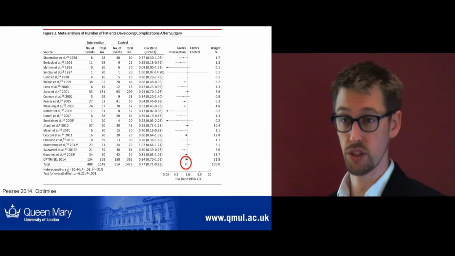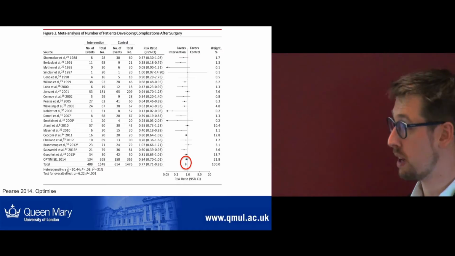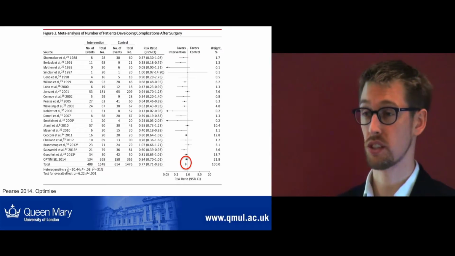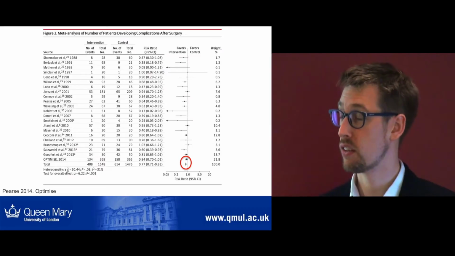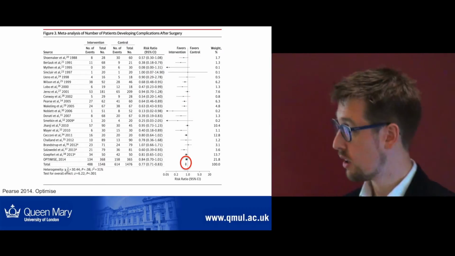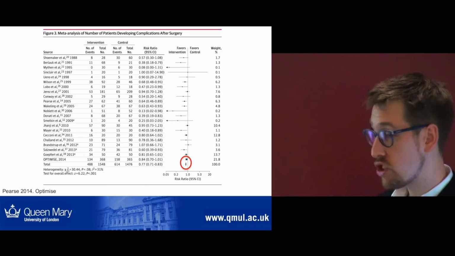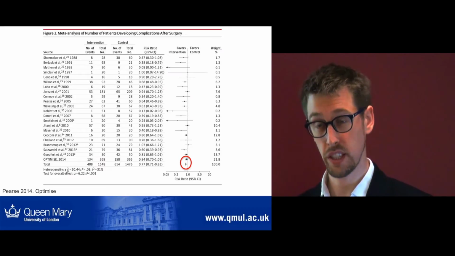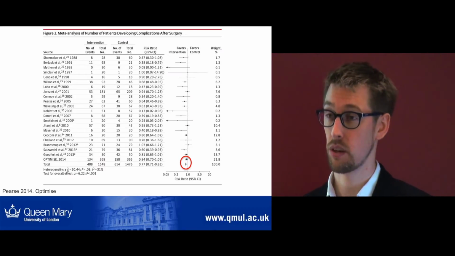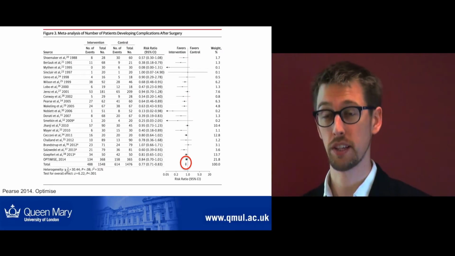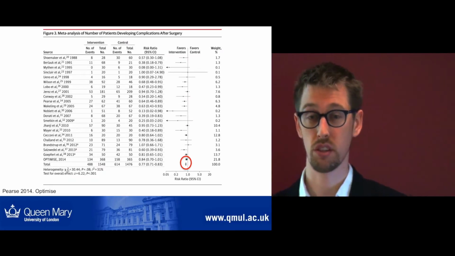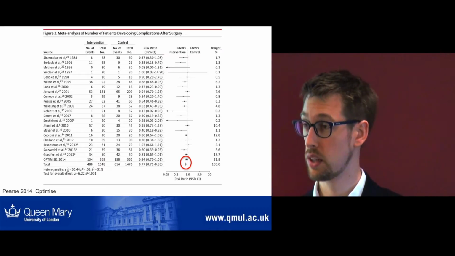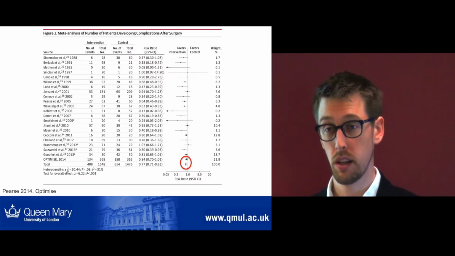And in the optimized paper, they presented this along with their main results, and you can see that whilst in the optimized trial it didn't quite reach statistical significance, when you consider that in the context of all the other trials in this area, the diamond is just away from the line and probably does demonstrate an effect. So this is a really nice way to show the value of meta-analysis, particularly for studies that aren't quite big enough to demonstrate an effect on their own. If you take it into the context of lots of other studies, sometimes there might be an effect.